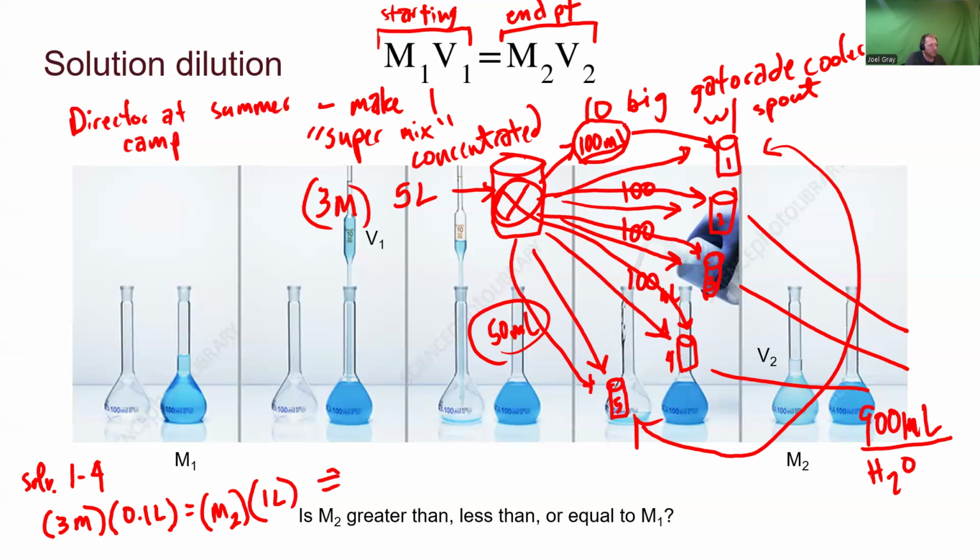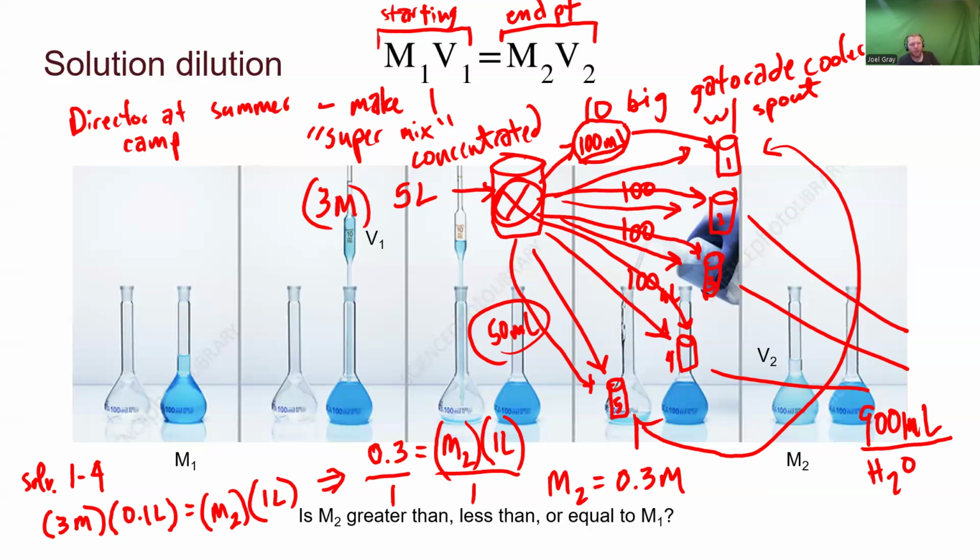And I'm going to continue this calculation. 3 times 0.1 is 0.3. That is equal to M2 times 1 liter. Divide each side by 1, and I get M2 equals 0.3 molar. Okay, so that is the concentration for solutions 1 through 4.